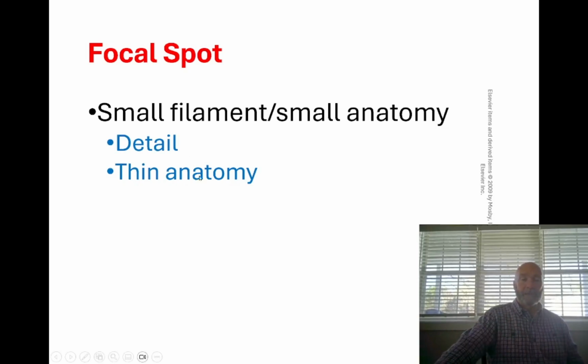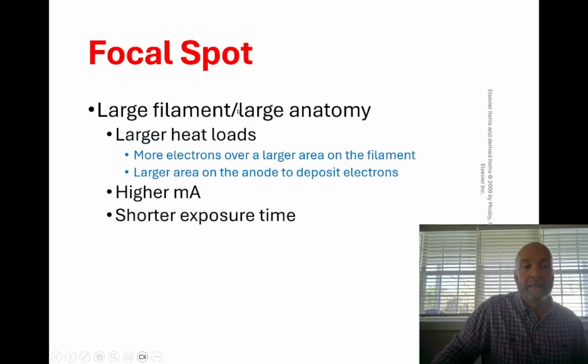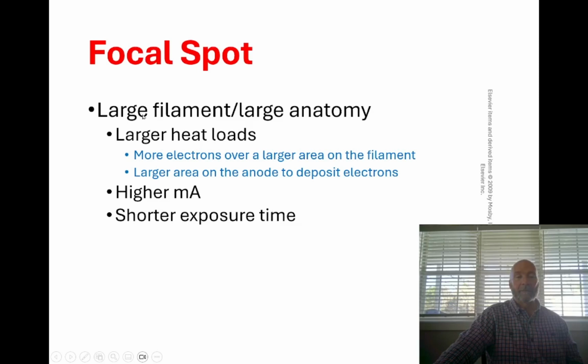So thin anatomy, where you need detail, you're going to use small focal spot, as opposed to where you're going to create a lot of heat, you're going to use the large focal spot. So large anatomy, large filament, large heat loads. You don't want to burn out your small focal spot, which you can using high mass exposures on small focal spot can absolutely burn it out. Doesn't necessarily mean that your X-ray tube isn't going to work anymore. You still have large filament.